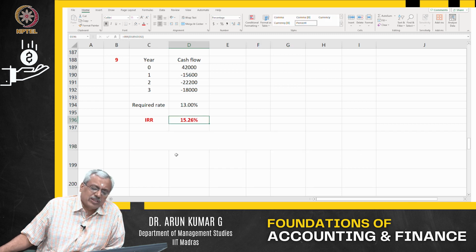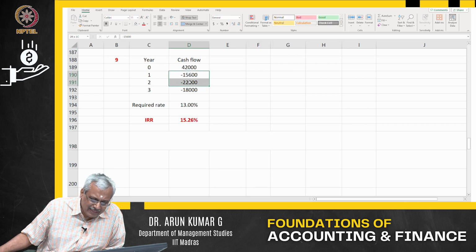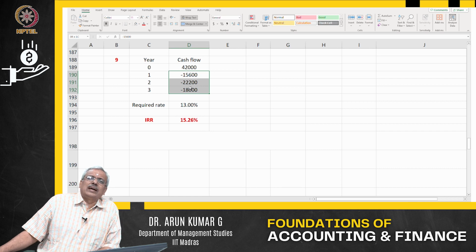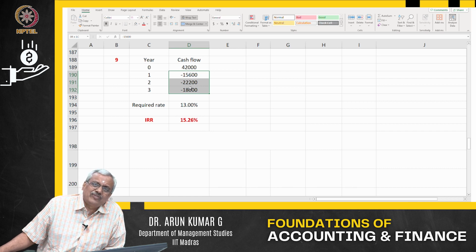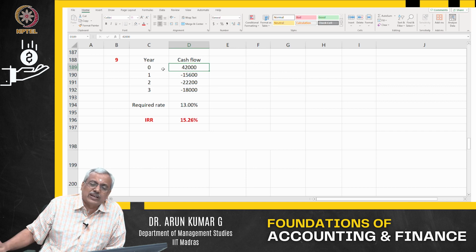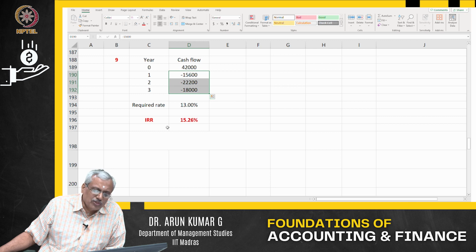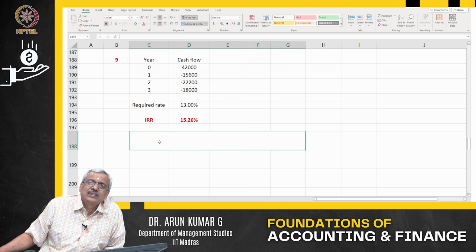IRR 15.26. But please note, in this particular case, this is what we call a financing project. You have borrowed 42,000. That is why there is no negative 42,000. You have borrowed 42,000 and you are paying it off. So what happens in such cases?